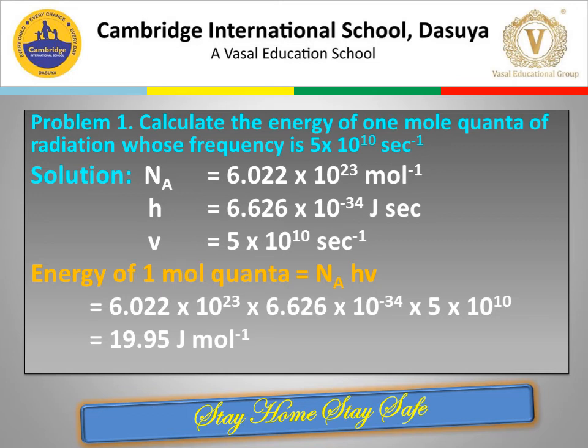Frequency is equal to 5 into 10 power 10 second inverse. Since the energy of 1 mole quanta is equal to N h nu, where N is the Avogadro number, h is the Planck constant and nu is the frequency, putting these values, we have the energy of 1 mole of quanta equal to 19.95 joule per mole.